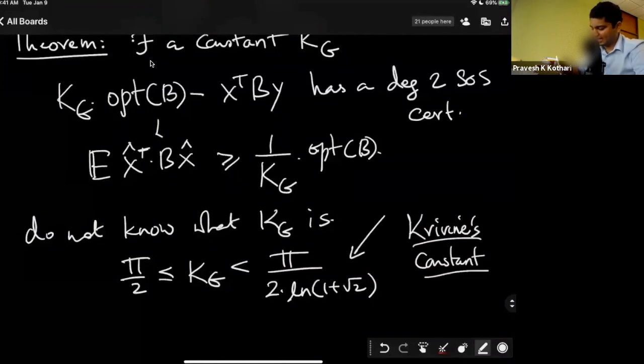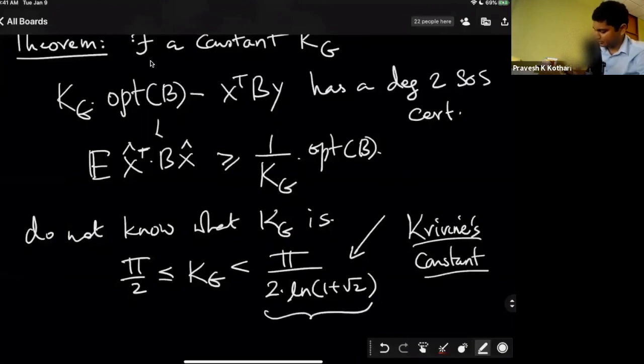As the name suggests, the first proof of this was by Grothendieck, but it wasn't explicit in a certain sense that allowed algorithms to replicate it. But Krivine's proof is extremely nice. It works in the framework we built in the earlier part of the lecture today. It's very simple, very short, very elegant, and it gives a proof of Grothendieck's inequality with some constant. In fact, that constant turns out to be this exact constant.